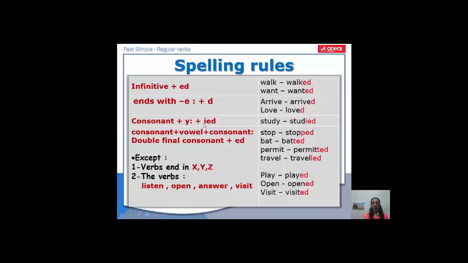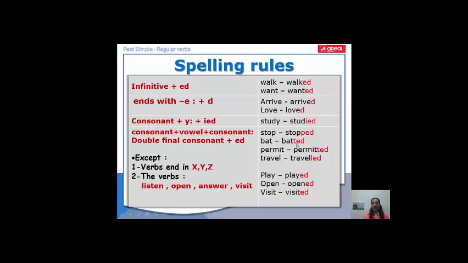and put ied. Okay, if we have a verb that ends in consonant plus vowel plus consonant, do you remember CVC? Yes, we double the final consonant, then put ed. Stop, double p plus ed, stopped.